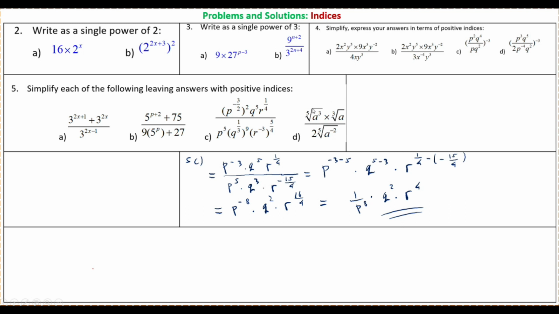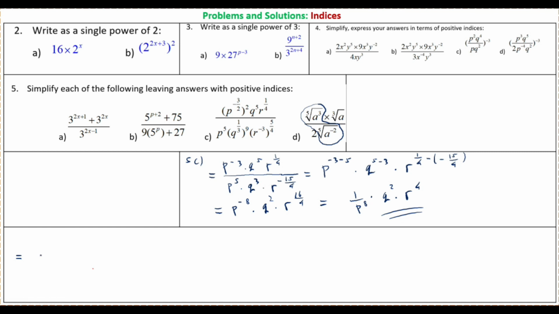The first thing we want to see is that the numerator contains the fifth root and the denominator contains the fifth root as well, so we can simplify to make it easier. So we have the fifth root of a to the power of 3 divided by the fifth root of a to the power of minus 2.